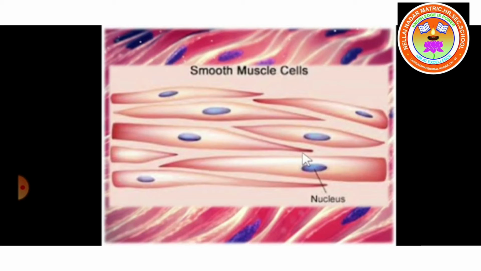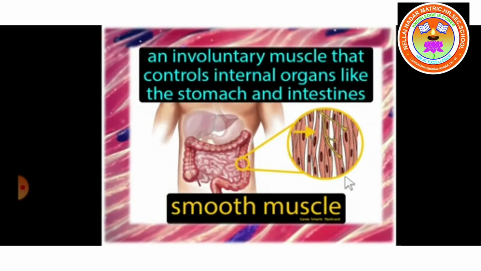These fibrils do not bear any stripes or striations. It is not like skeletal muscles with stripes. You cannot see any stripes over these structures. So we call them smooth muscles, or non-striated muscles. They are not under the control of our will, so we call them involuntary muscles.